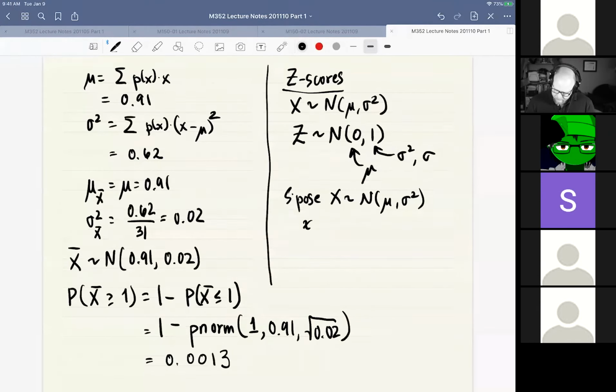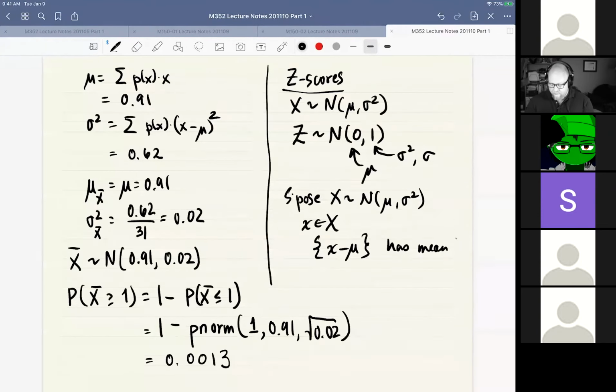If little x is some element of the sample space of the random variable X, and I'm just going to abuse notation and say this, then look at the points x minus mu: take all the outputs and subtract mu.